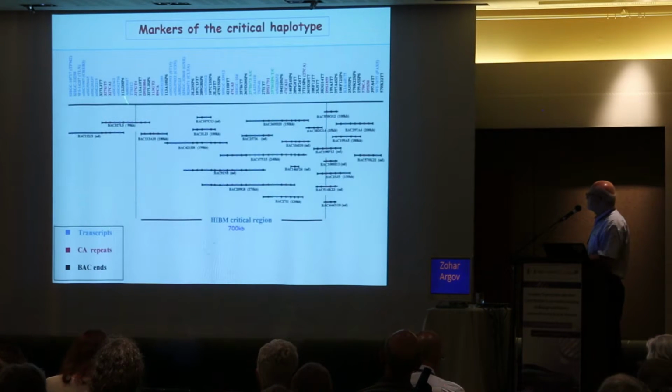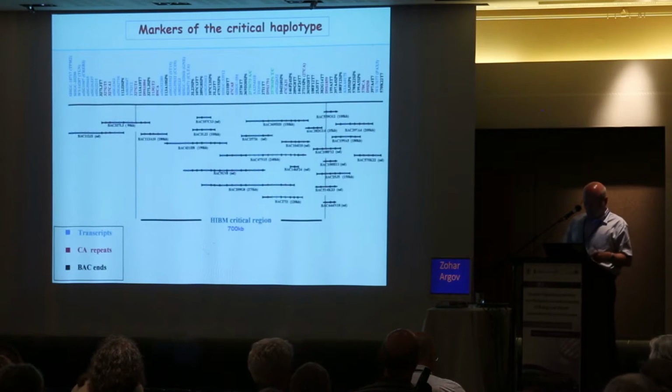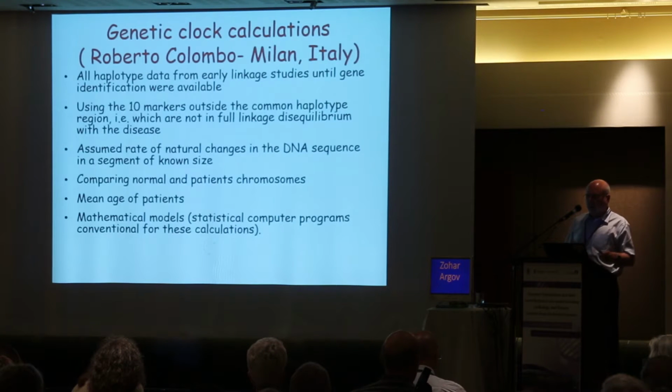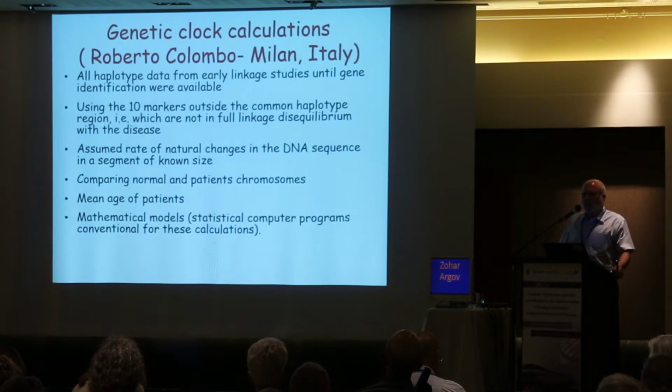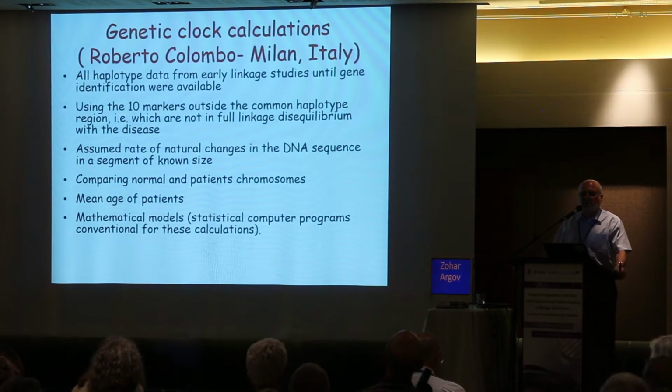This is the critical region from which emerged the gene identification, but we had partly linked markers here. And there are ways to do it which are way beyond me, but we were approached by Roberto Colombo from Milan, who was an expert in determining the age of mutation.